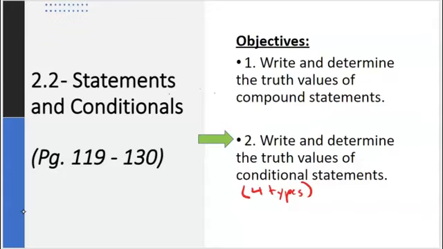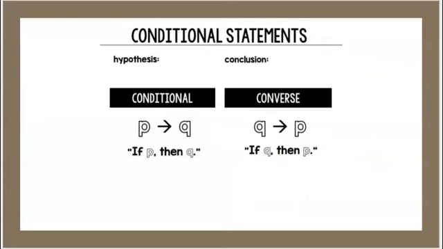Let's take a look at the first 2 key ideas before we talk about any kind of conditional statements, and that is hypothesis and conclusion. The hypothesis is a connection we're making from science. We're drawing some kind of hypothesis and then drawing a connection from history or literature on how to draw an effective conclusion.